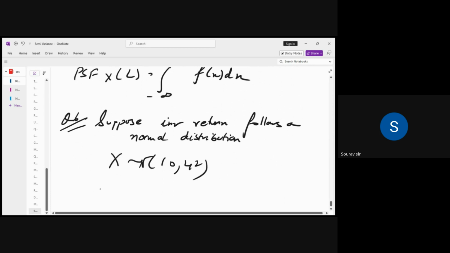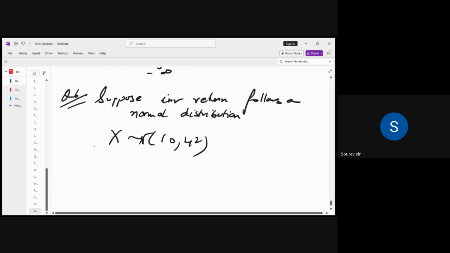Here the mean return is 10, and the variance is 4 square, so the standard deviation will be 4.